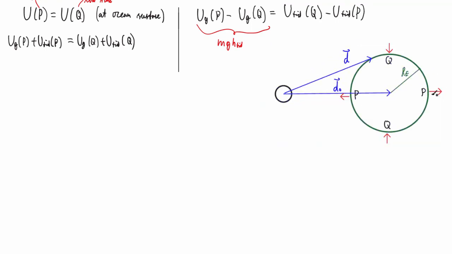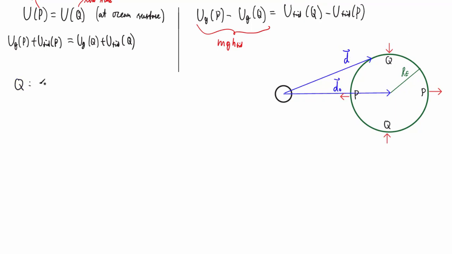So you're operating at this point, or that point, and at this point. What we really need in order to calculate U tide at the points Q and P are the values of D at those two points.